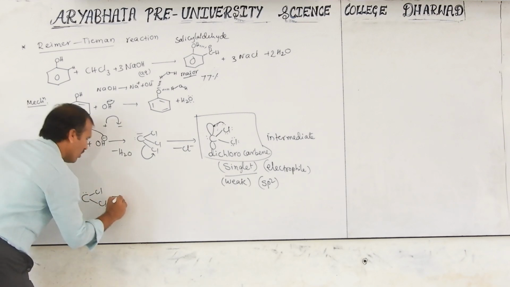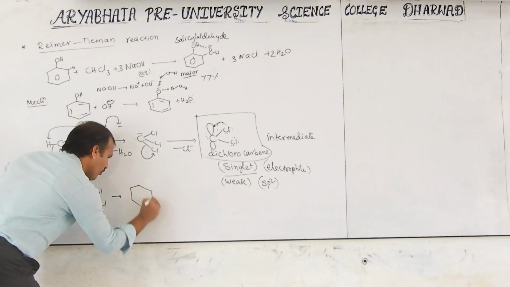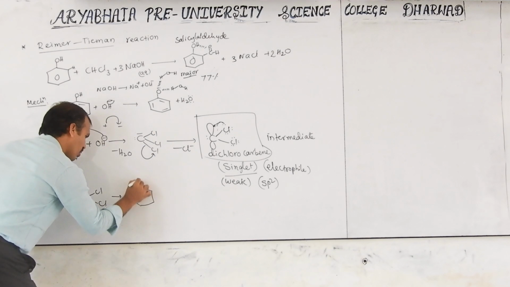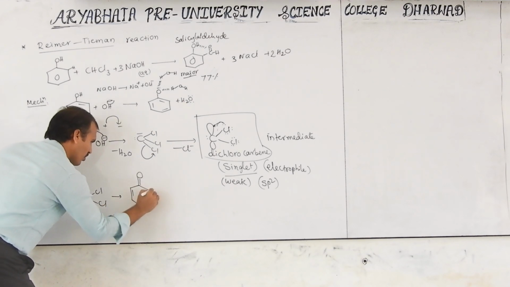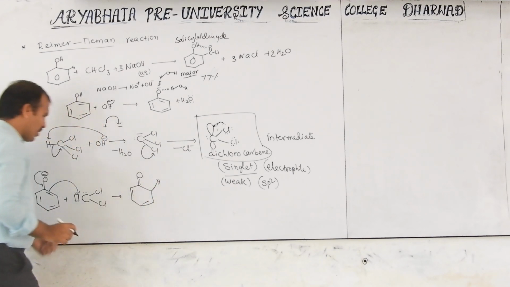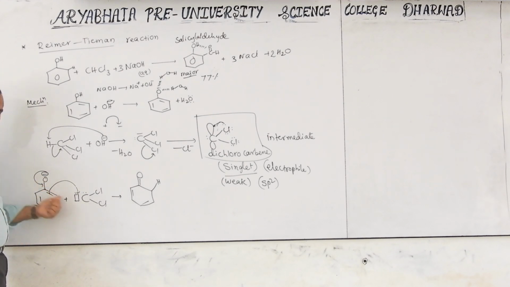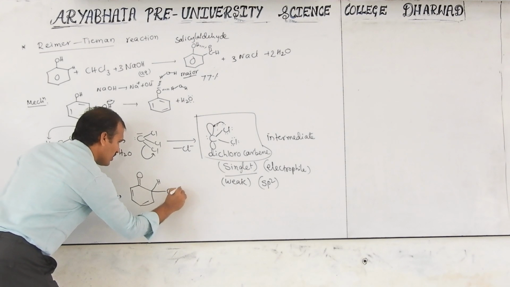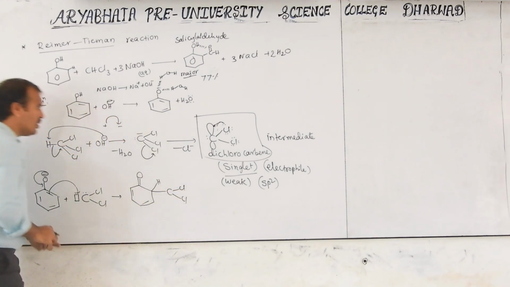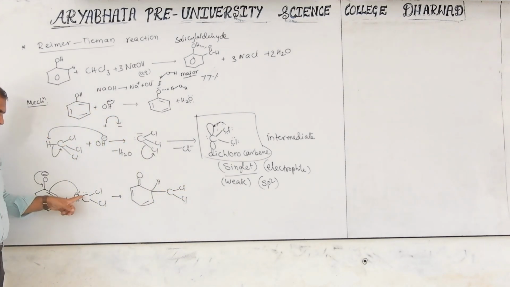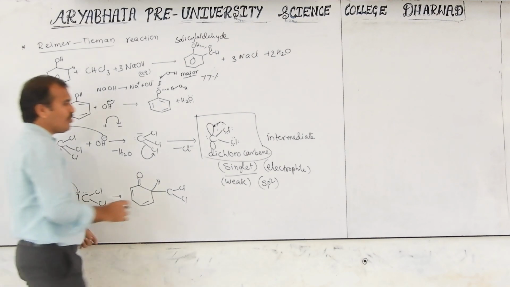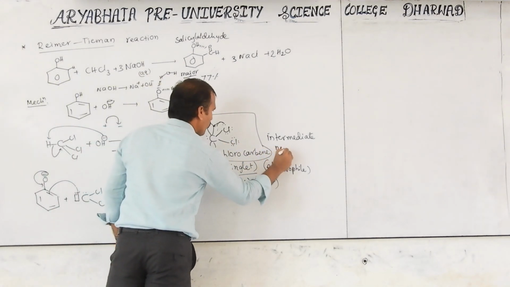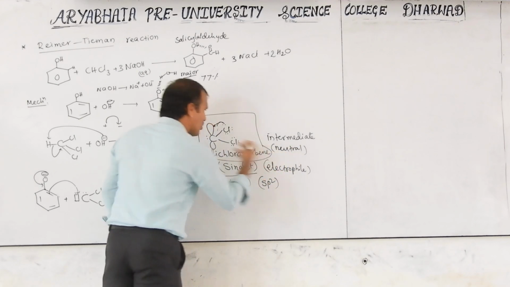So now we will get the double bonds, and the carbon bonded with hydrogen, one hydrogen, and Cl. See, now it is neutral. Actually it is a neutral nucleophile, there is no positive or negative charge.